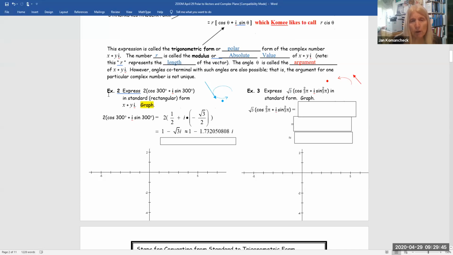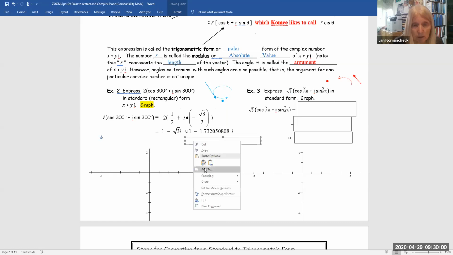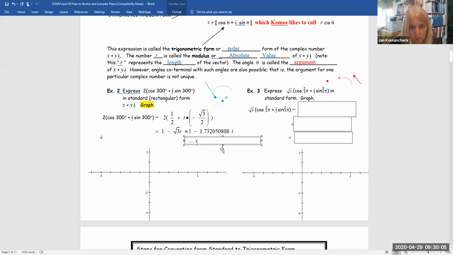Okay. So now in graphing, I'm going to go on the real axis, on the x-axis. I should call this the real axis though. Let me add text to this. I'm going to call this the real axis.